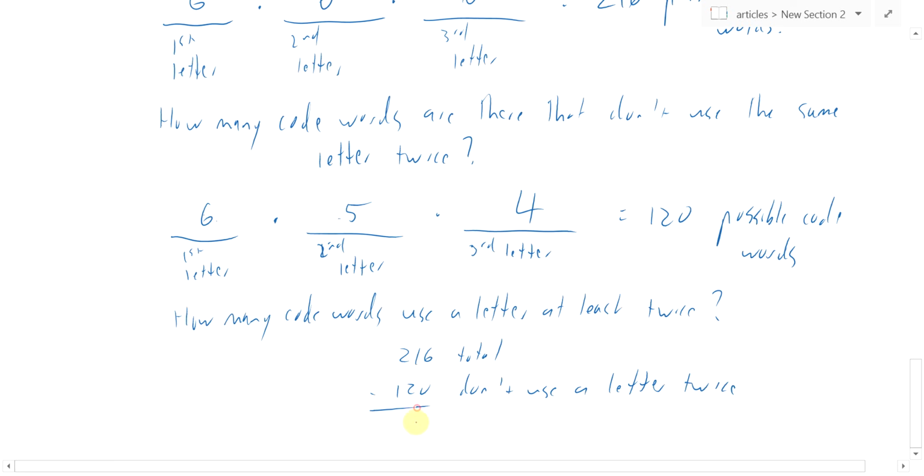So, what's the 96 that's left? Those are the 96 code words that use the letter twice. So that's a nice way to think about it.